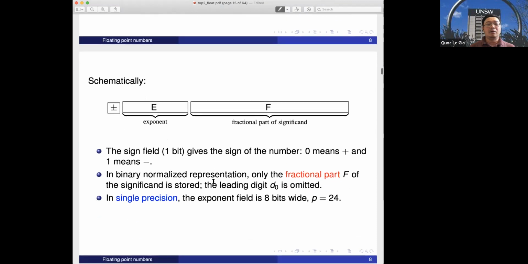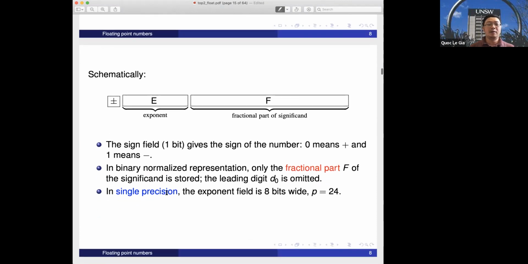So now in single precision, the exponent is only 8 bits. And because 8 bits for the exponent, 1 bit for the sign, then you got 9 bits already.